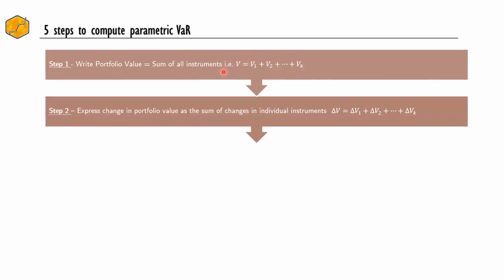Second equation is also very mechanical. Change in value of the portfolio is the sum of change in value of the individual instruments. How does the portfolio value change? Because of change in value of the individual instruments. You add everything together, you get the final PnL. Correct? Step 1 and step 2 are very, very mechanical, straightforward.